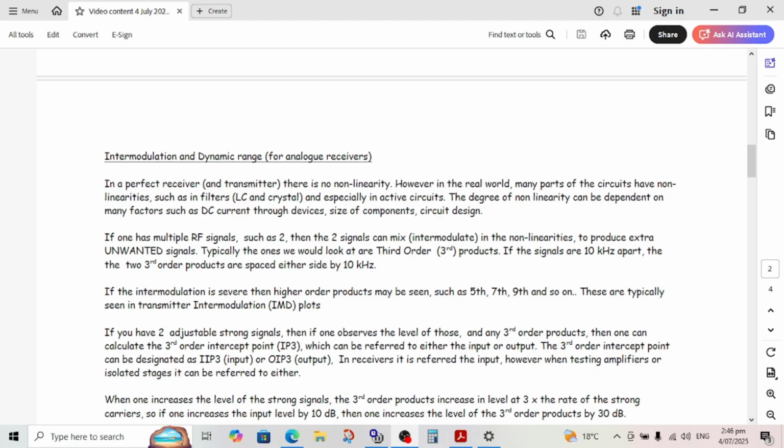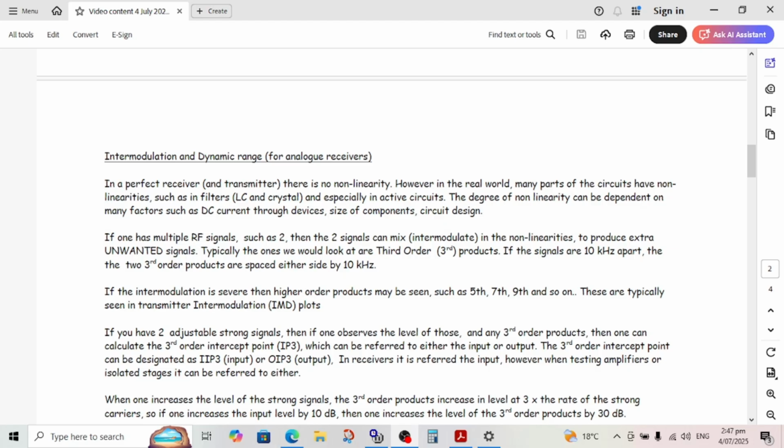But in the real world, there is distortion happening because of nonlinear devices such as active components, switches, mixers, and even tuned circuits. If you have multiple signals, such as two signals, then in the nonlinearities there will be mixing, and the most prominent mixing products are the third order products.